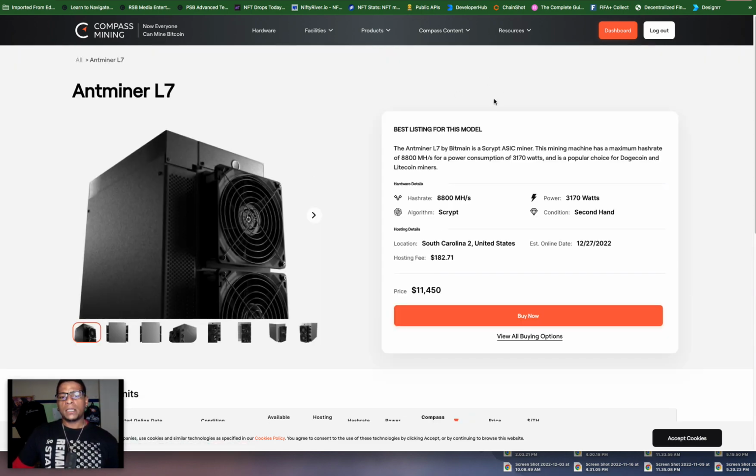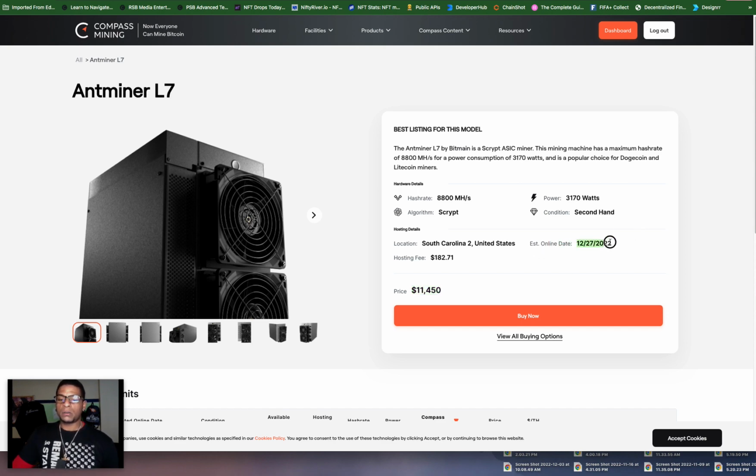But see, the Antminer L7, made by Bitmain, is a Scrypt ASIC miner, and this mining machine has a maximum hash rate of 8,800, with power consumption of about 3170 watts, and it's a popular choice for Doge and Litecoin miners. It's showing that this is a second-hand condition miner. This is the hosting fee for it, and this is the current price, 11,450.